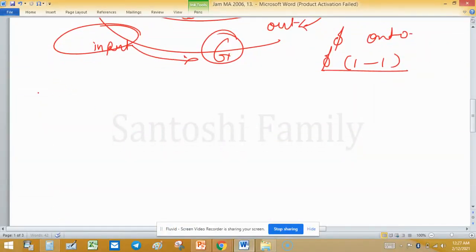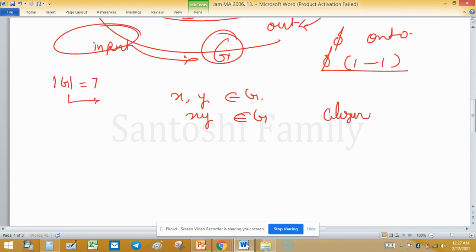As G is cyclic and the order of G is 7, because 7 is prime, and every prime order group is cyclic and every cyclic group is abelian. If two elements x, y come from G, then xy will belong to G by closure. If this is an element, apply phi, and by the property of phi, take the input raised to the power 4.